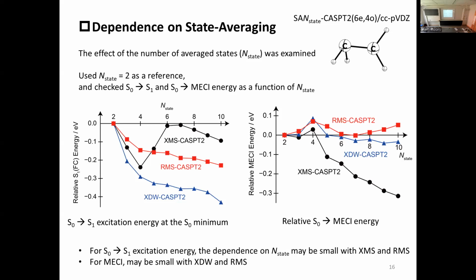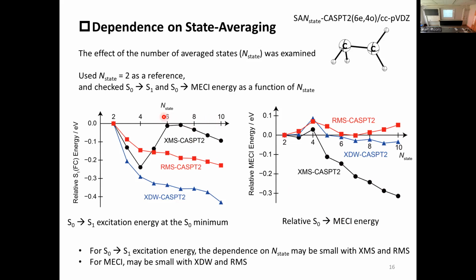And I also checked the dependence on the number of states in the state averaging, taking the n state equal to 2 as a reference. I checked the dependence of the excitation energy and the relative energy between S0 and the MECI energy.